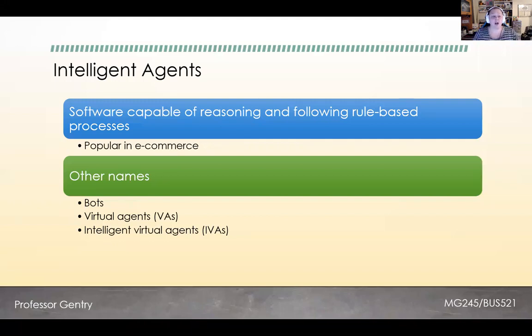We've previously talked about bots, and bots fall into the AI category of intelligent agent. Intelligent agent is basically software capable of reasoning and following rule-based processes. So other than bots, you can call them things such as virtual agents or intelligent virtual agents.